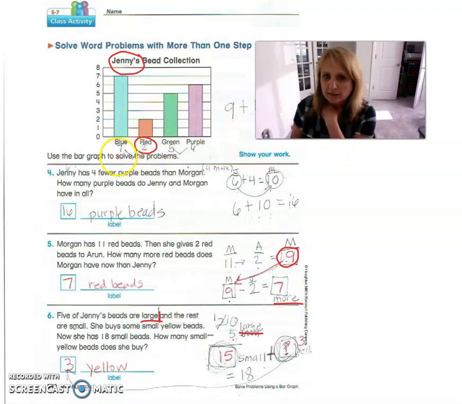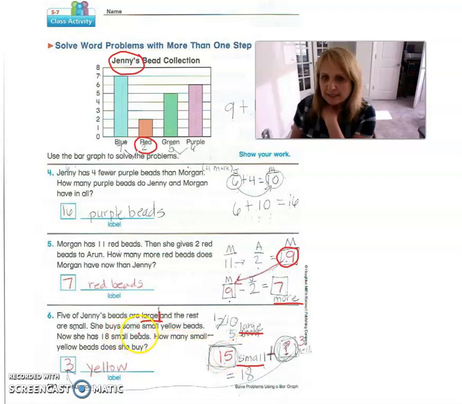She had 20 beads altogether. 7 plus 2 is 9, plus 5 more is 14, plus 6 more is 20. So Jenny has 20 beads altogether. We wrote that down. 5 of them are large. We're going to take away those 5 large beads. That means we have 15 left that are small. Okay? So now we know that Jenny has 15 small beads.